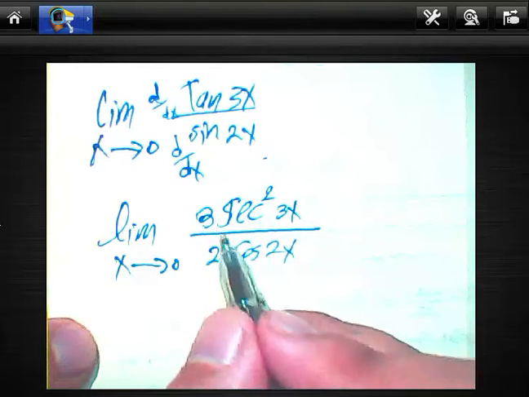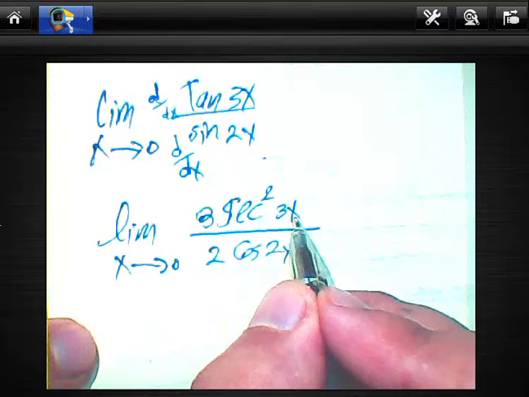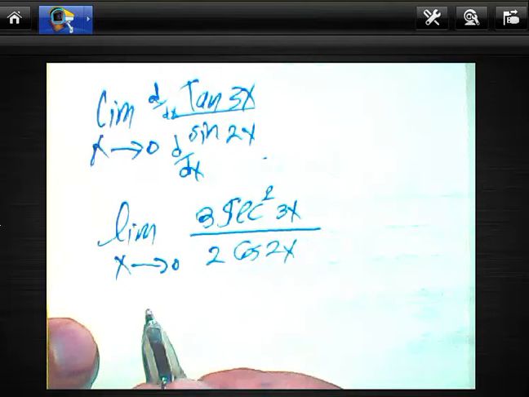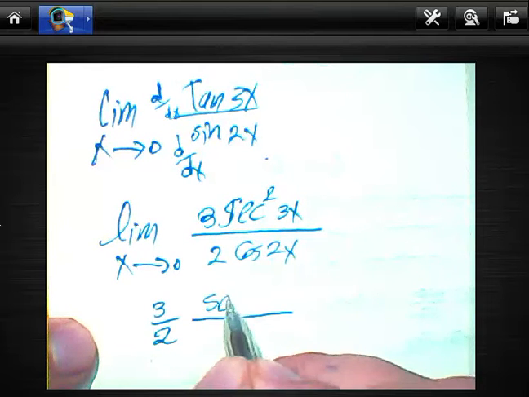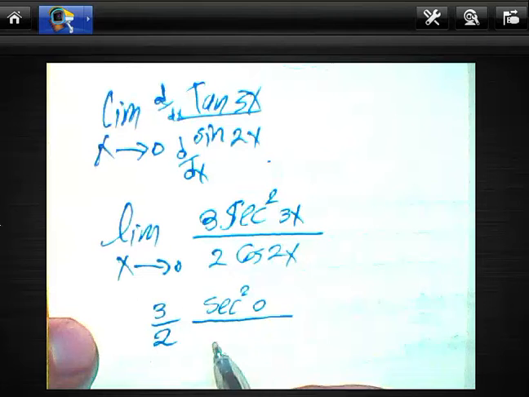So we write 3 over 2 outside, and substitute 0 for x. We cancel x and write 0. So the result will be 3 over 2 outside, sec squared of 3 times 0 equals 0, and cosine of 2 times 0 equals 0.